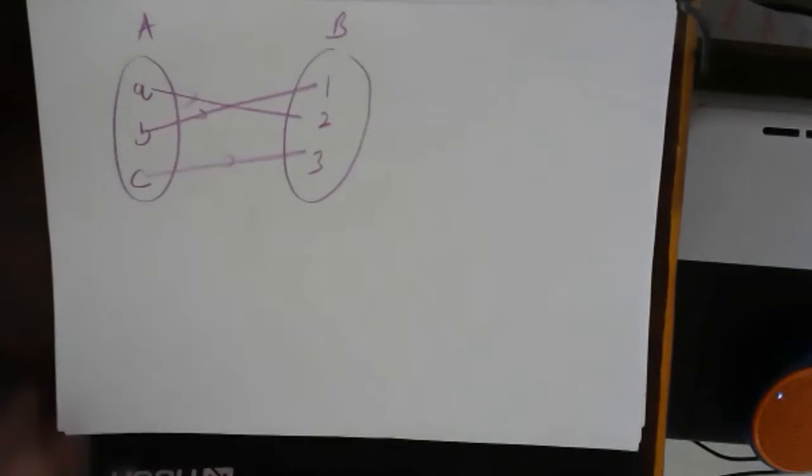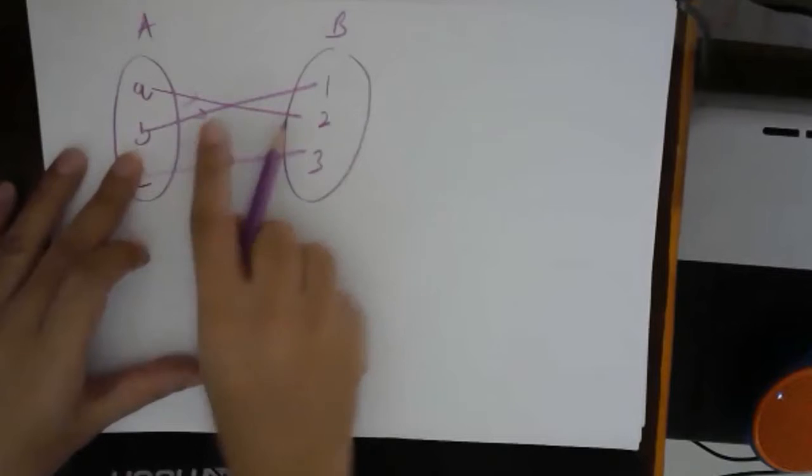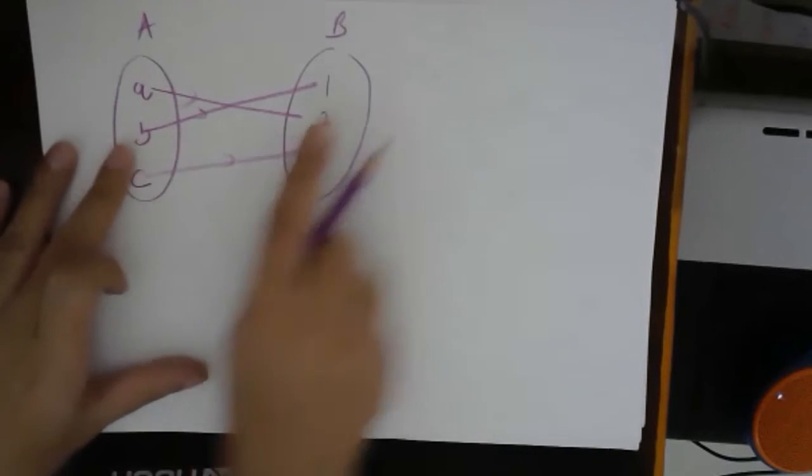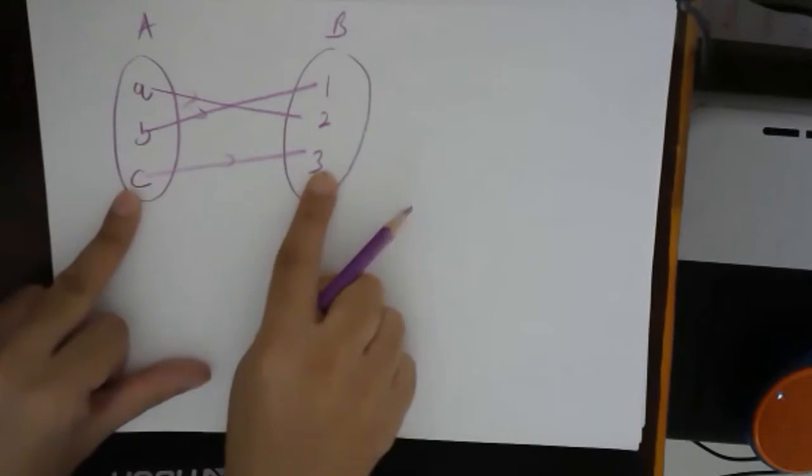I'll recall the definitions we have done. We'll call 2 the image of a, or the image of a is 2; 1 is the image of b; 3 is the image of c.